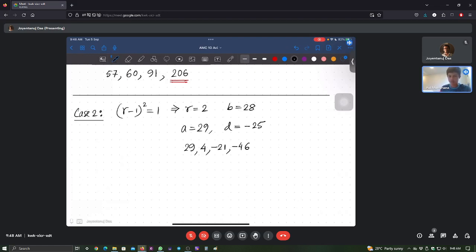What is the geometric sequence? That would be 28, 56, 112, and 224.